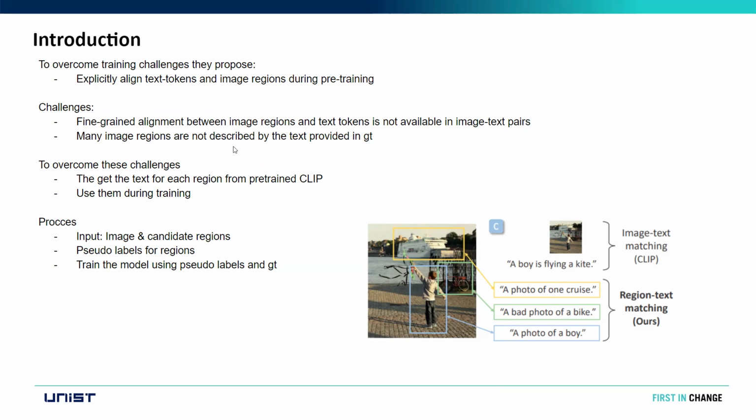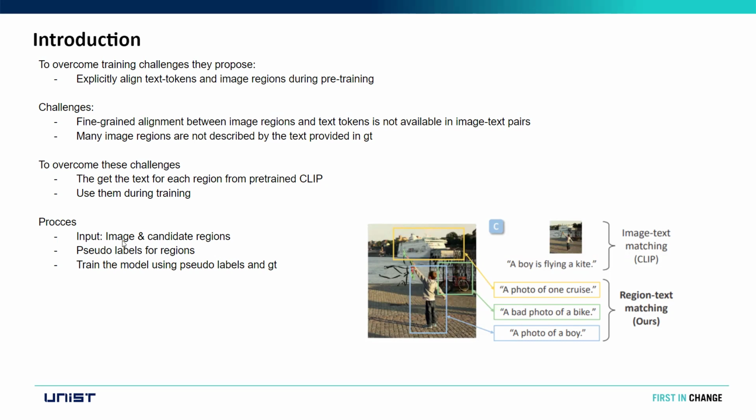Also, the text provided for each image does not describe all parts of the image. For example, the text for this image is: a boy is flying a kite, but there is also a cruise and a bike.